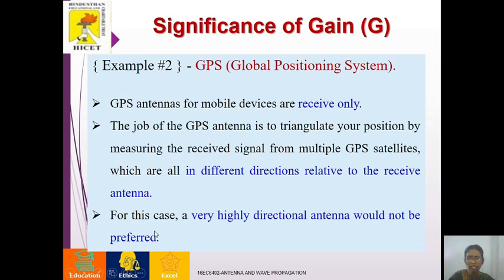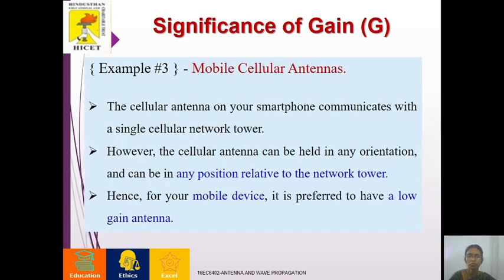So in this kind of GPS system, a highly directional antenna may not be preferable. You need to go for low gain antennas only. So a high directional antenna is not preferred at all for GPS positioning systems.